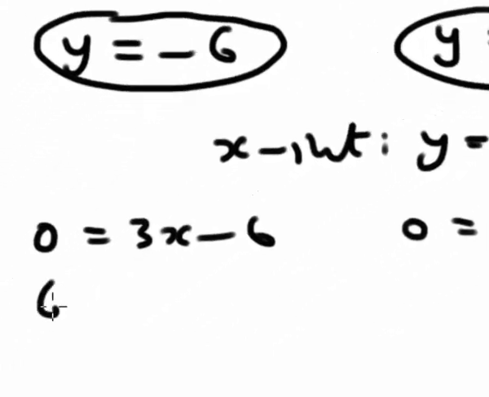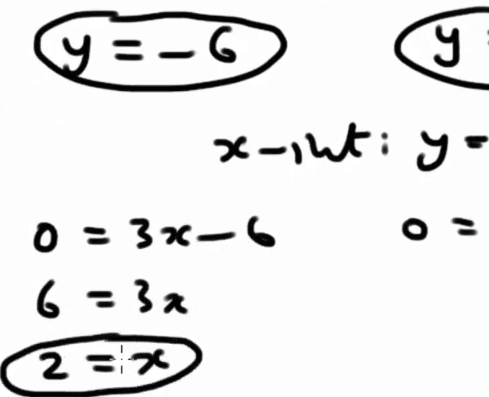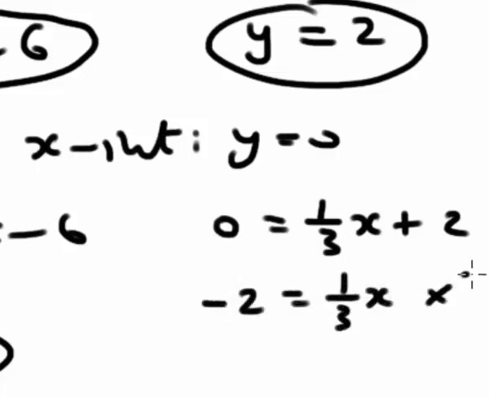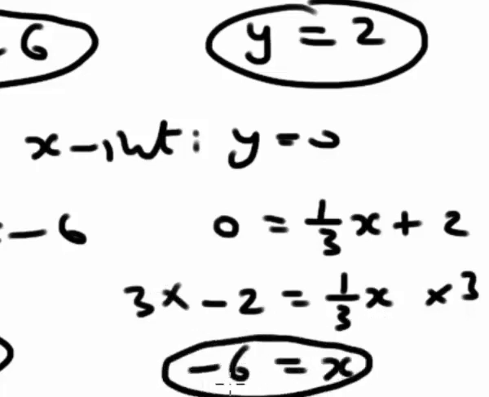Okay, this gives me 6 is equal to 3x if you bring the minus 6 across, and x is equal to 2. That's going to be your x-intercept there. If you do this, you could bring the negative 2 across if you wanted to, and then we simply multiply both sides by 3 to get rid of the fractions. Negative 6 is x, and there, of course, is your x-intercept.